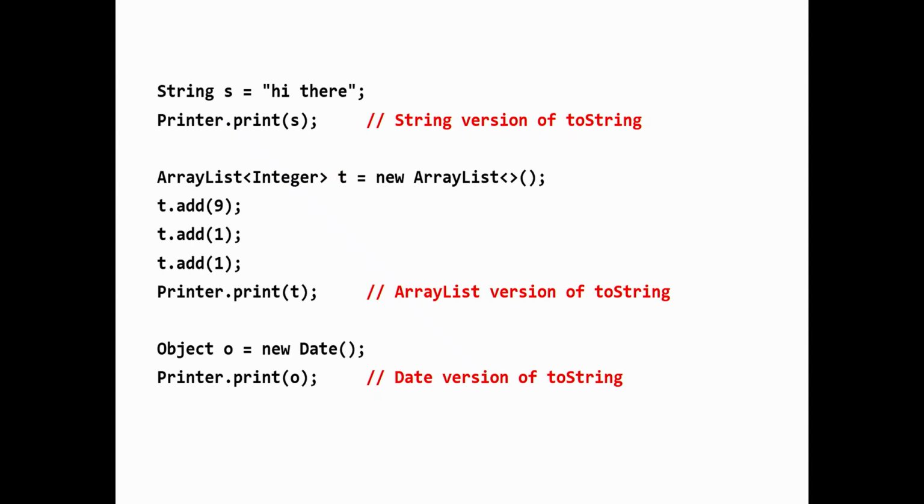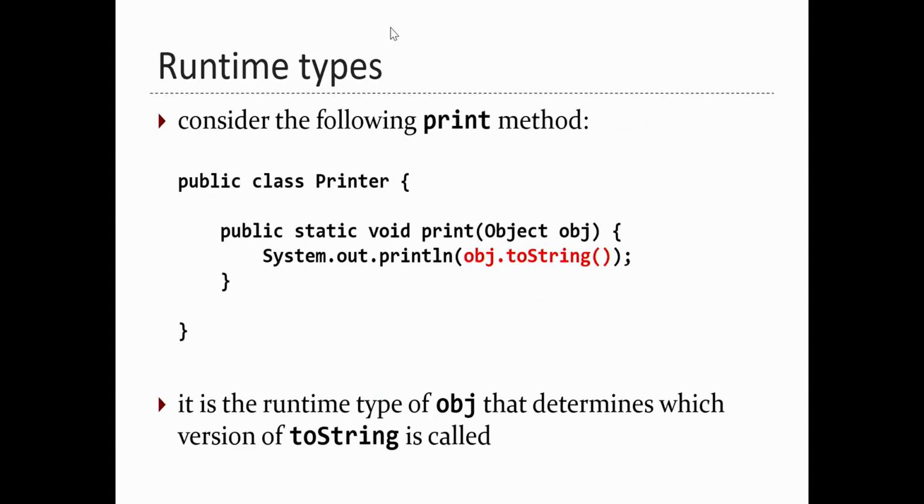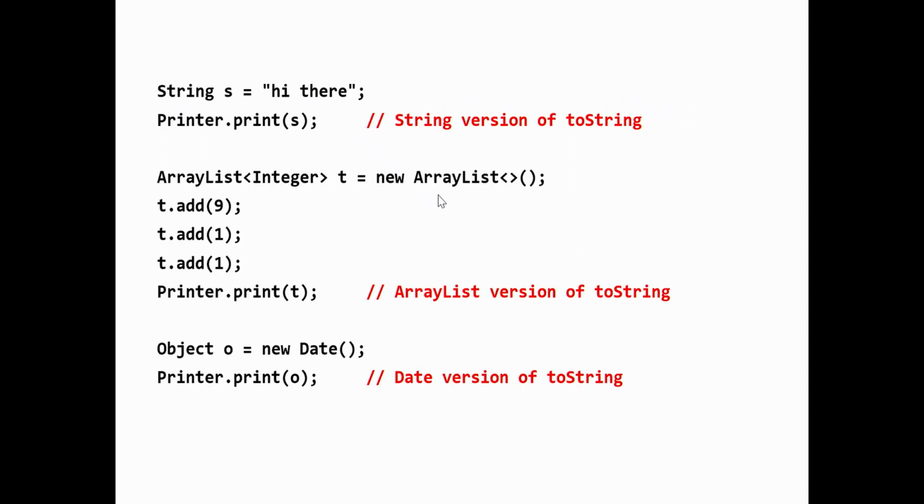If I make an ArrayList T and pass that to the print method, as far as print's concerned, obj is just an Object. But the version of toString that you get is the ArrayList version.